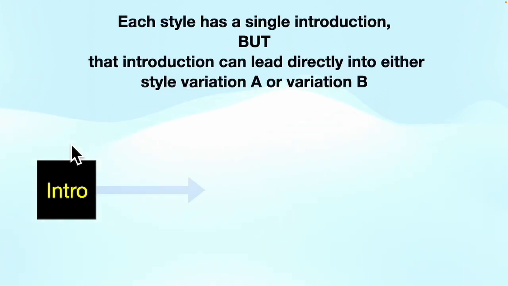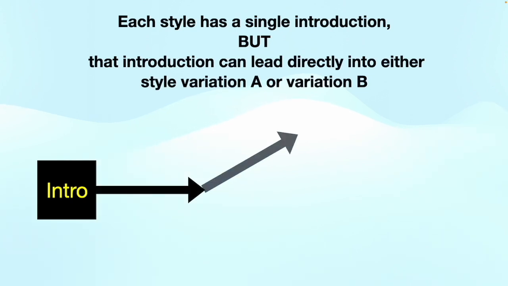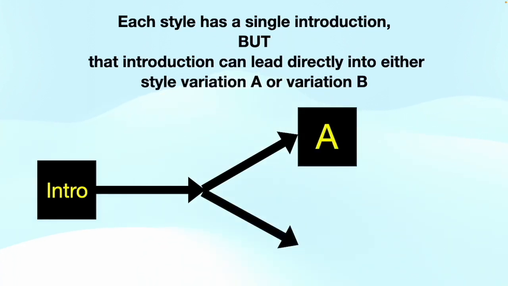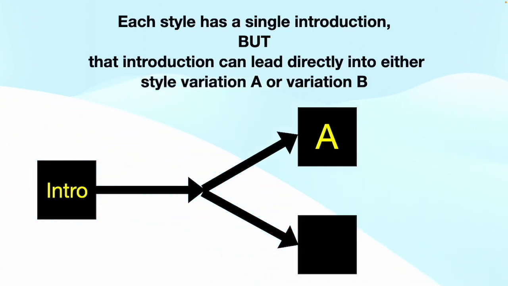When you start, you get to decide what happens when the introduction is done. Does it start playing variation A, or does it go right into variation B? You get to decide what happens once the introduction is done.